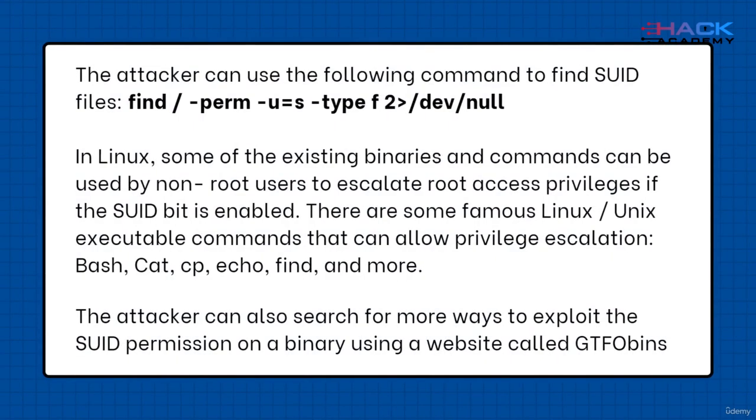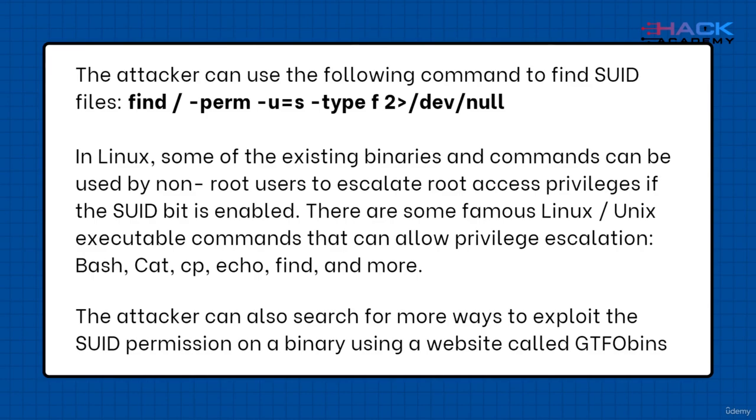The attacker can use the following command to find SUID files. We will talk about this command more in future lectures. In Linux, some of the existing binaries and commands can be used by non-root users to escalate root access privileges if the SUID bit is enabled. There are some famous Linux Unix executable commands that can allow privilege escalation.